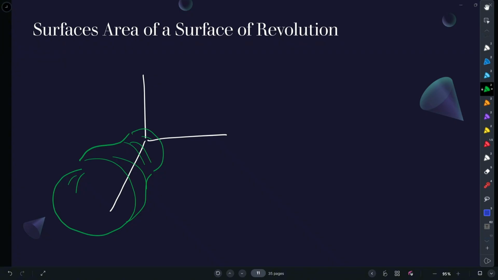So you can set up, remember that these would be set up in u and v.